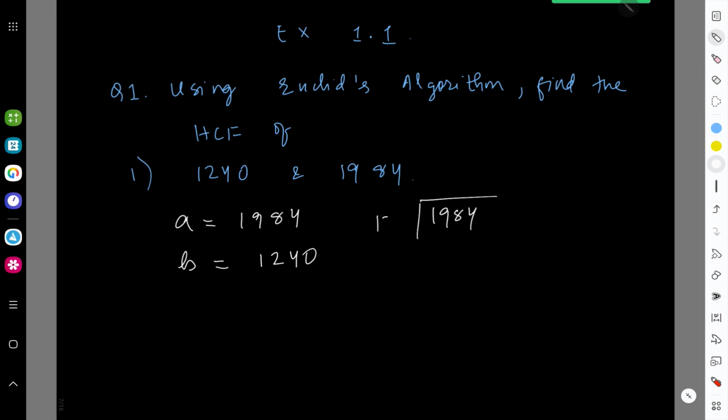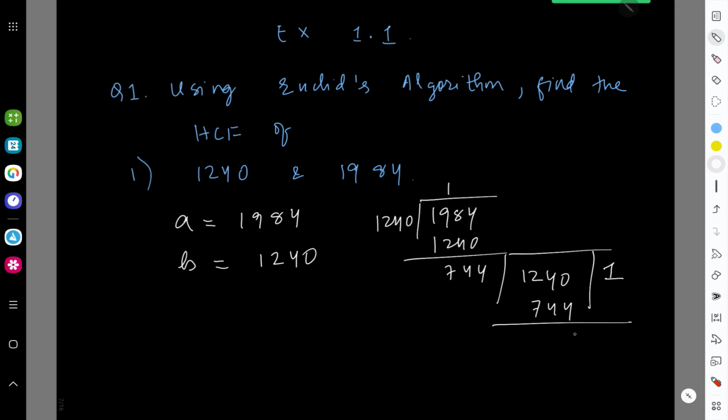1984 divided by 1240, 1240 times 1 is 744. And then we will consider 1240 as our new divisor, times 1 again, 744. The remainder will be 694.